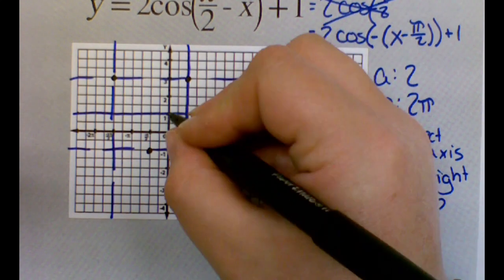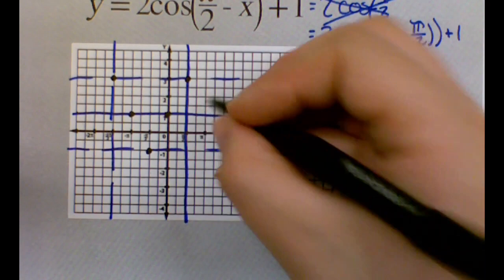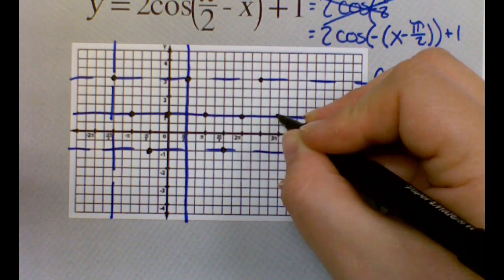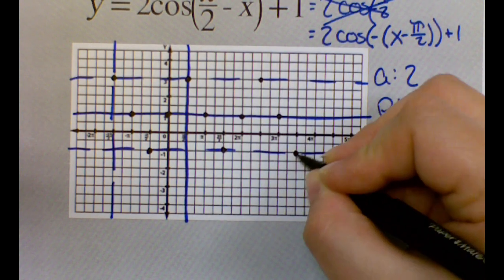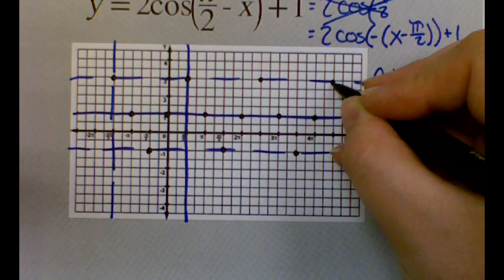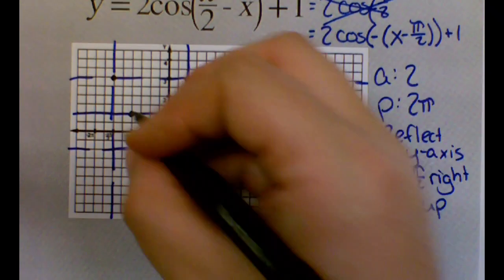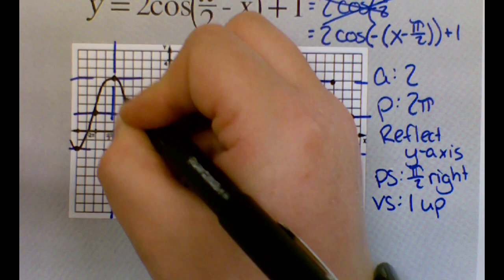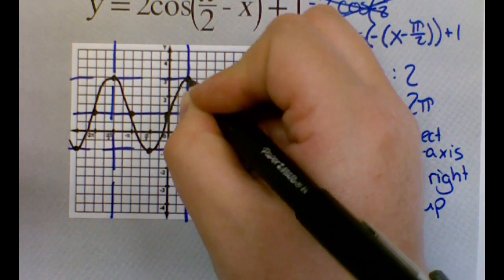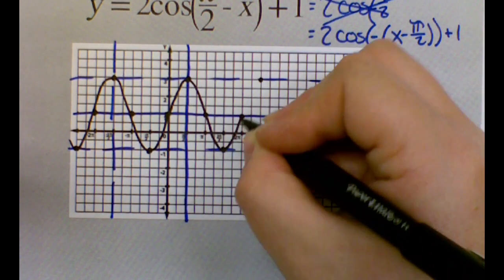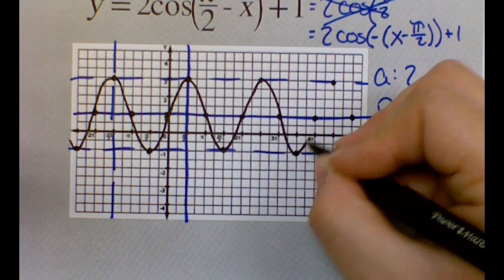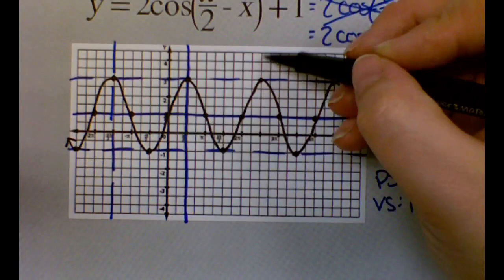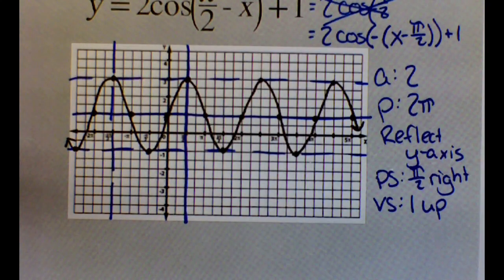Centered, min. Middles are the zeros. And then follow my pattern. Make sure you're using the right lines as your maximums, minimums, and centers. Notice that this graph looks exactly the same as if I hadn't done that reflection at all.